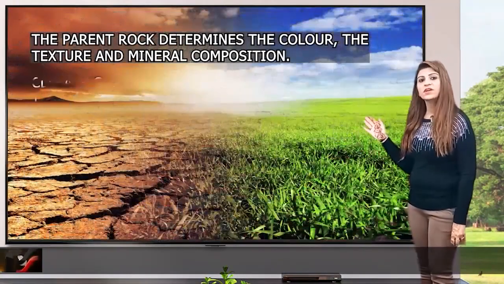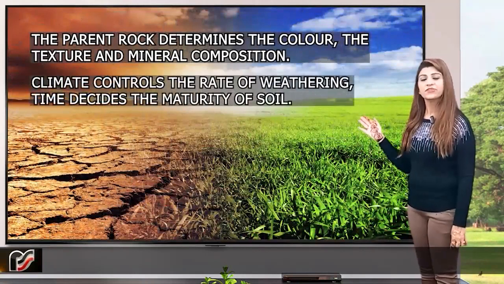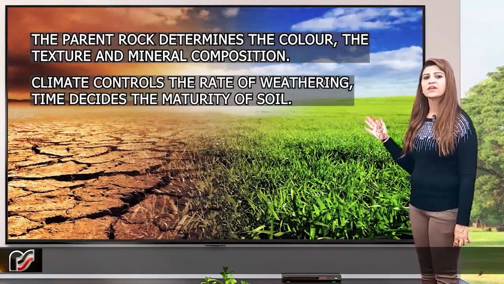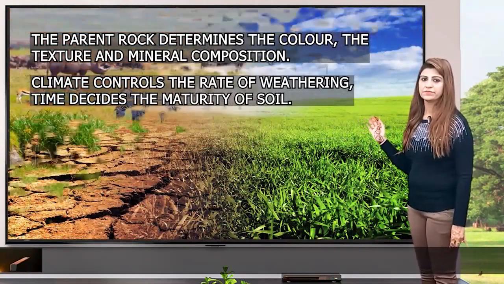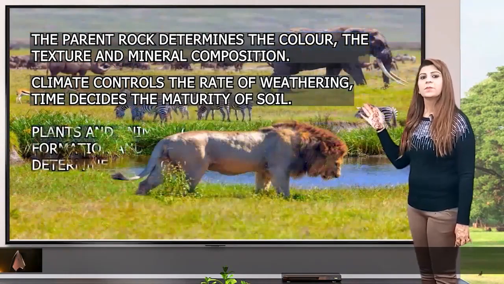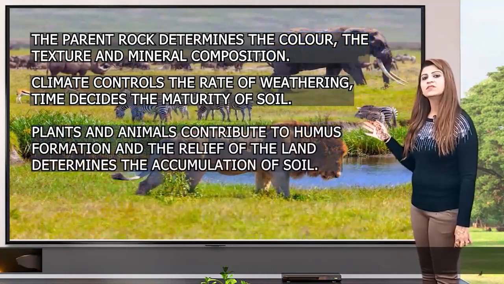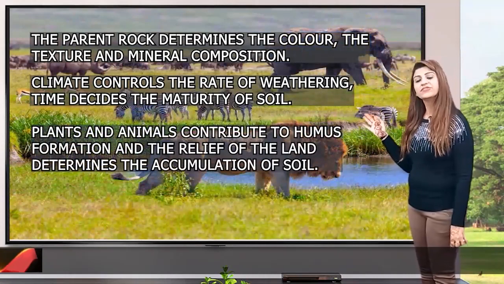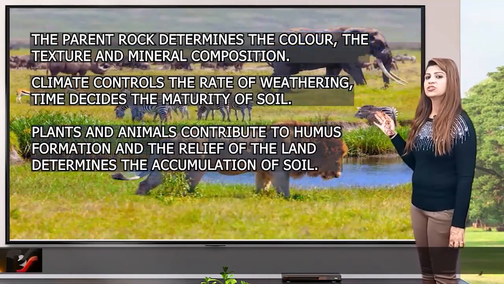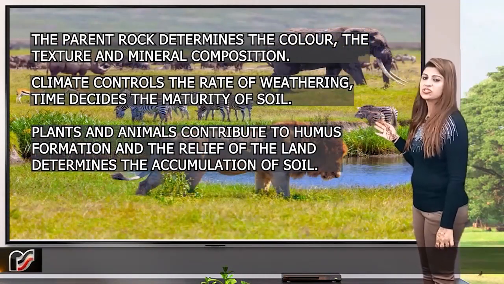Number two, climate controls the rate of weathering. Time decides the maturity of soil. Number three, plants and animals contribute to humus formation, and the relief of the land determines the accumulation of soil.